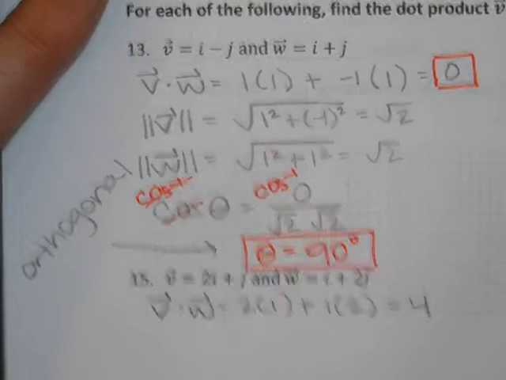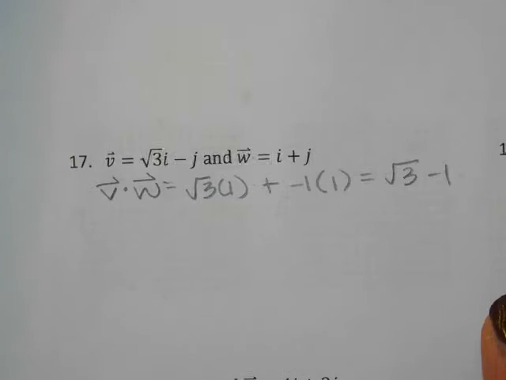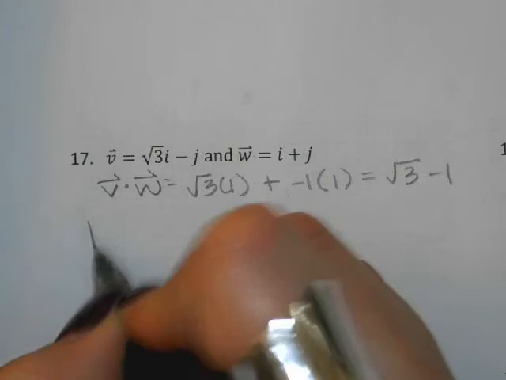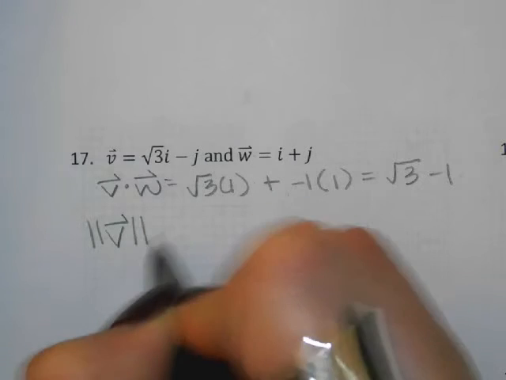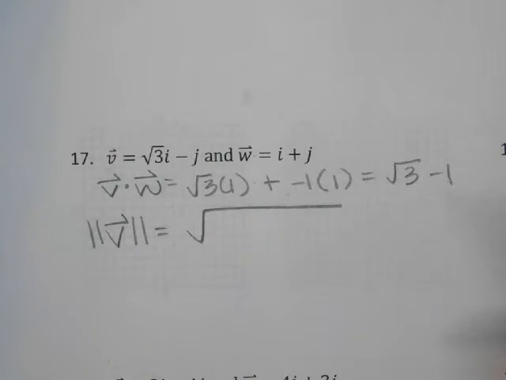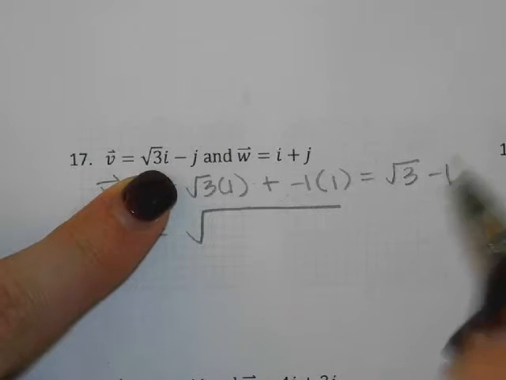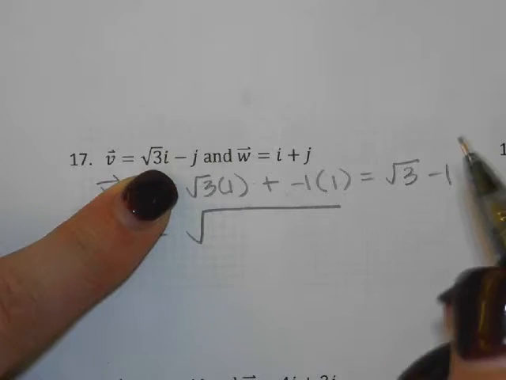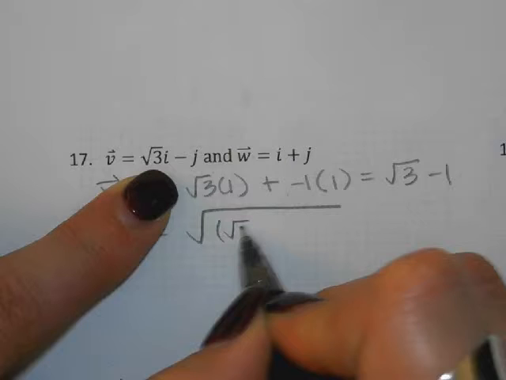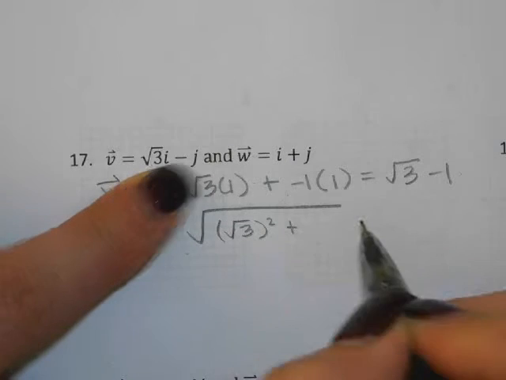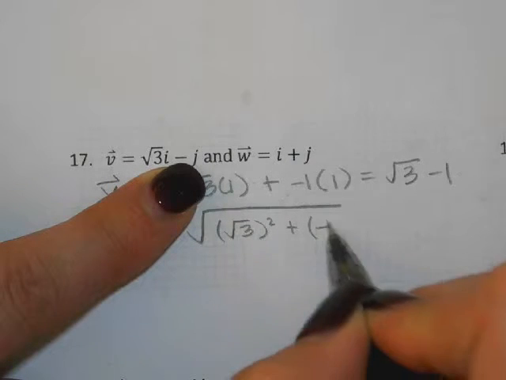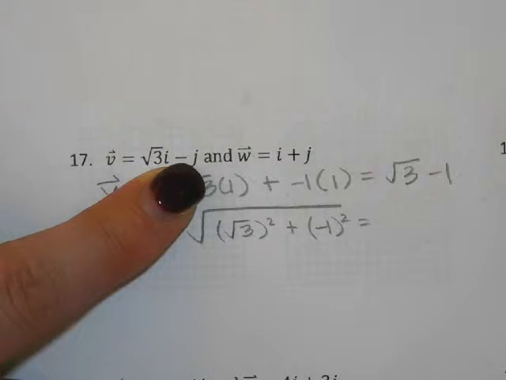All right, let's go down to number 17. So let's go ahead and find the magnitude of V. So what do we have to do? Root 3 squared plus negative 1 squared.